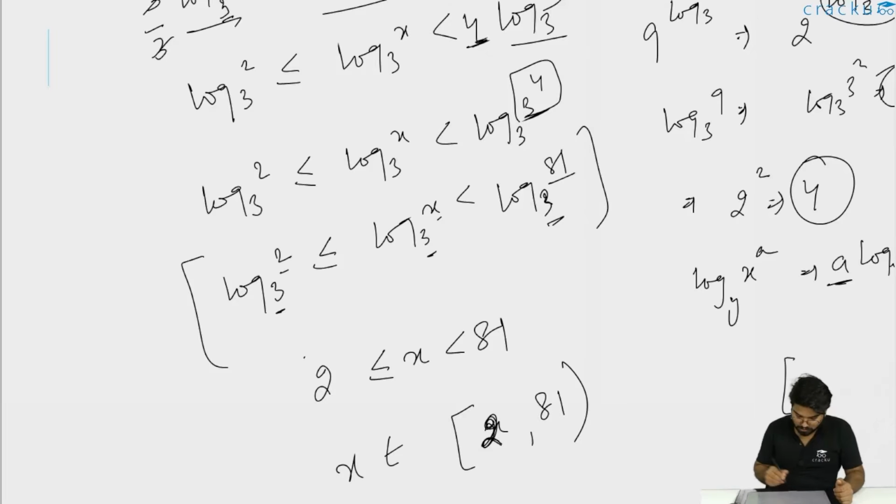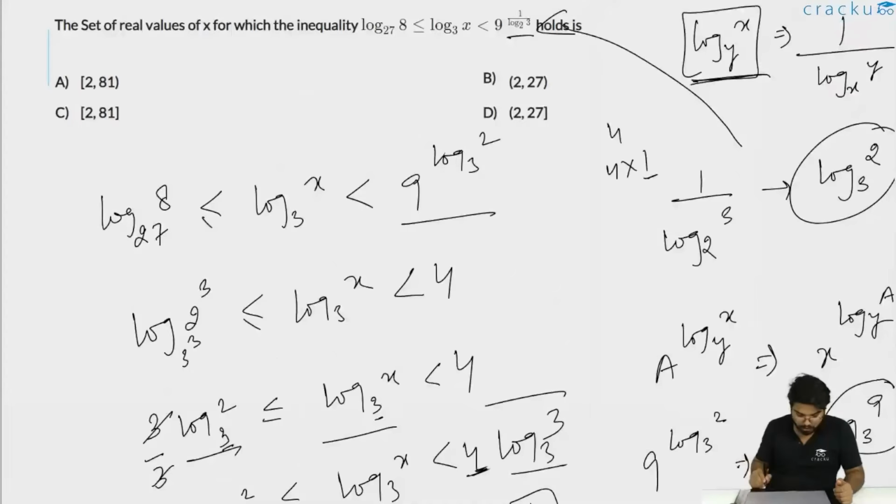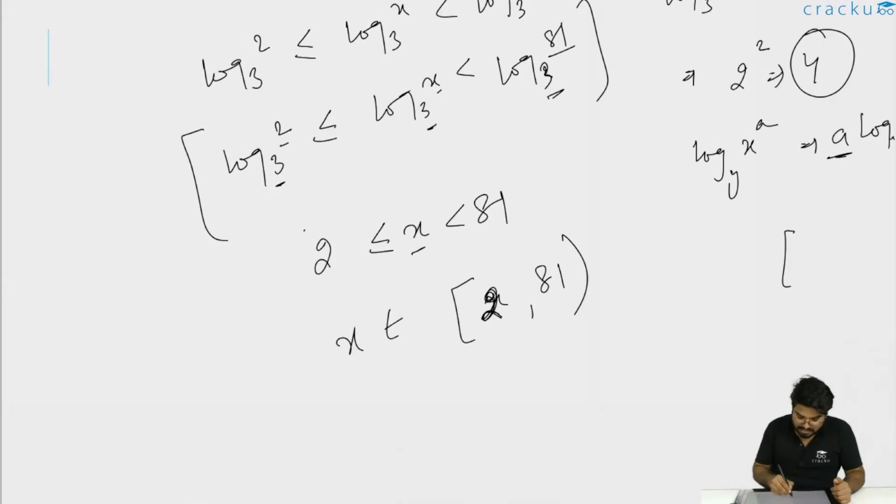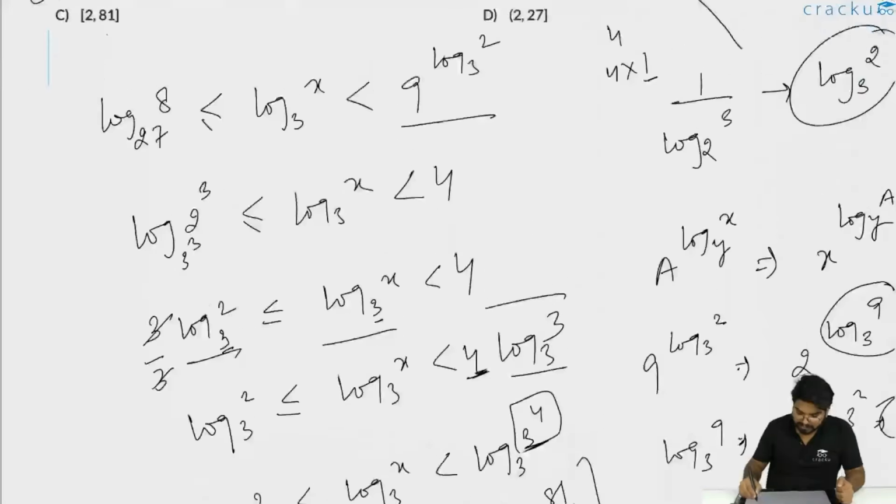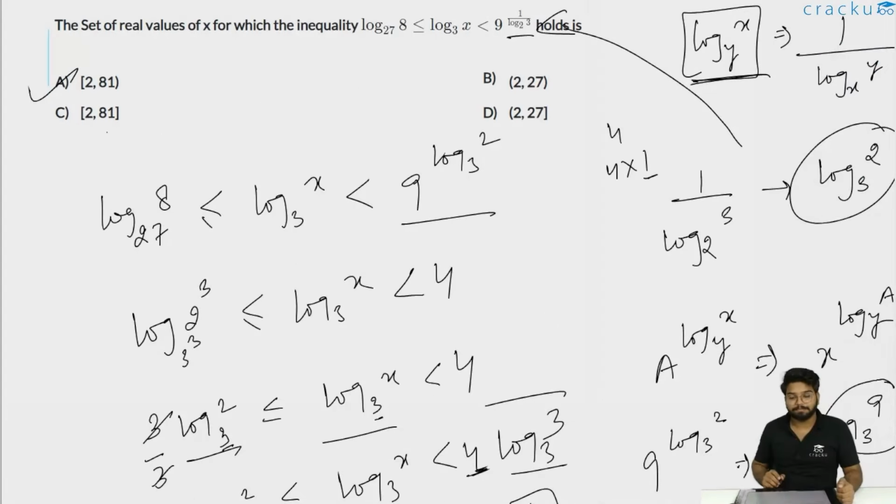Whenever we have a square bracket, it means it is included. So x belongs to this interval. Here in option C we have 81 also under a square bracket, but x should clearly be less than 81. So we have not taken option C. The correct answer has to be option A.